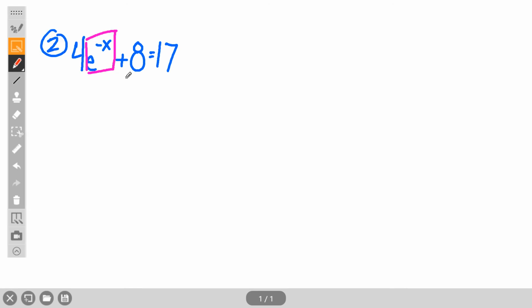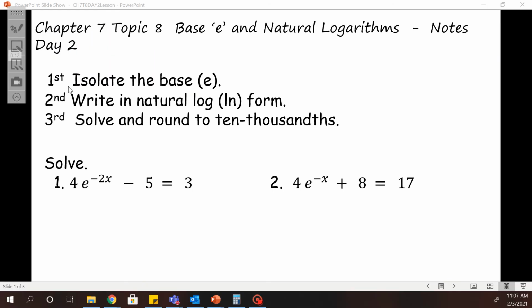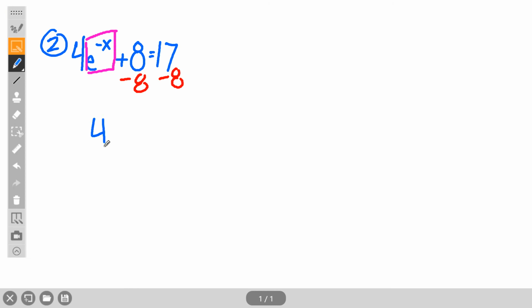So we will subtract 8, which gives us 4e to the negative x equals 9. We'll divide by 4, which gives us e to the negative x equals 9 over 4.